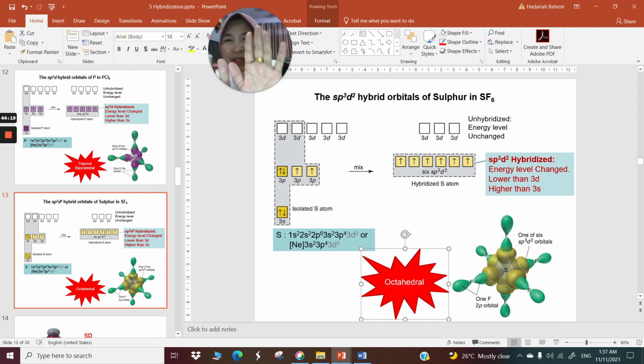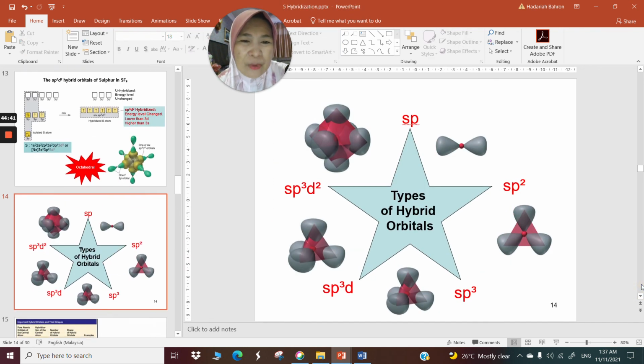There are 6 hybrid orbitals, and each of these electrons are going to then pair up with the electrons from the fluorine, making 6 S-F bonds, and in the end, you're going to get octahedral SF6. I hope that is clear.